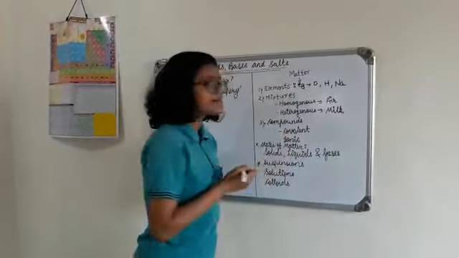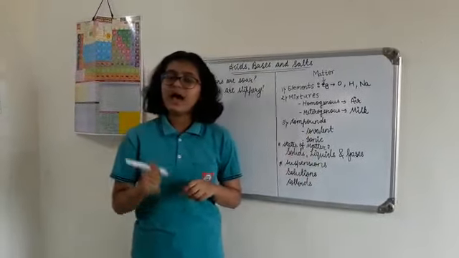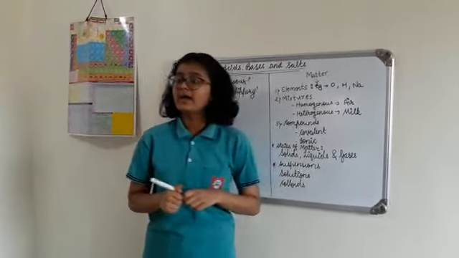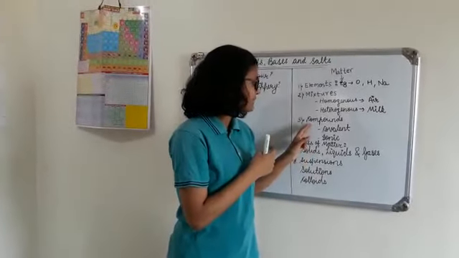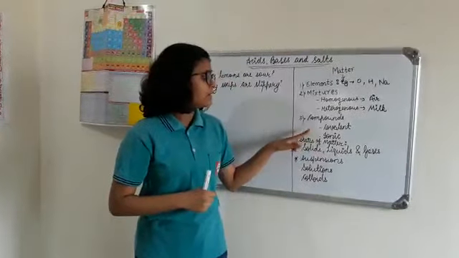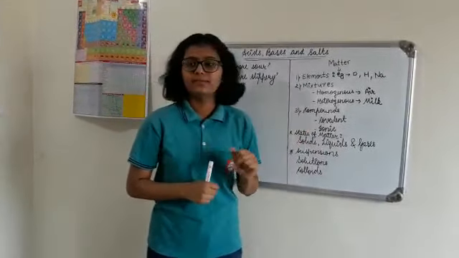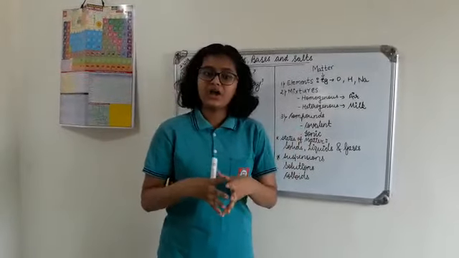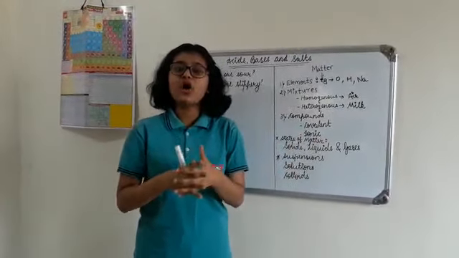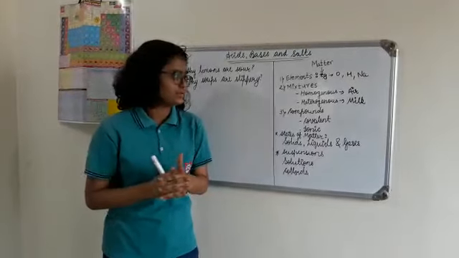Then next up is compounds. Compounds are the substances that are composed of identical molecules. Examples of compounds would be covalent compounds, ionic compounds, and many more. Ionic compounds are held by ions and they are held by a strong electrostatic force of attraction.